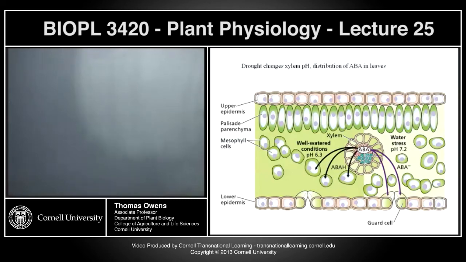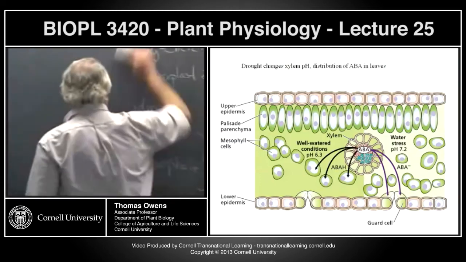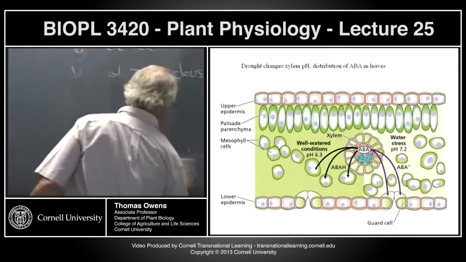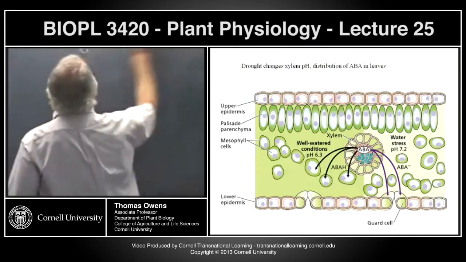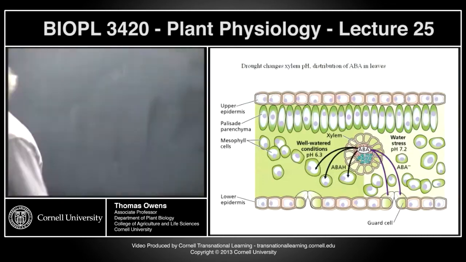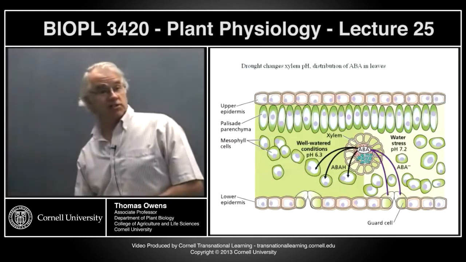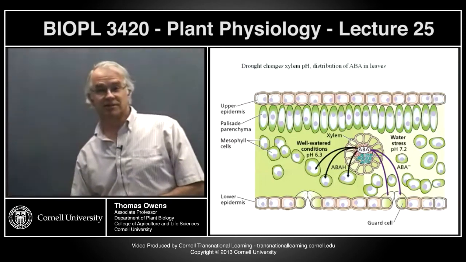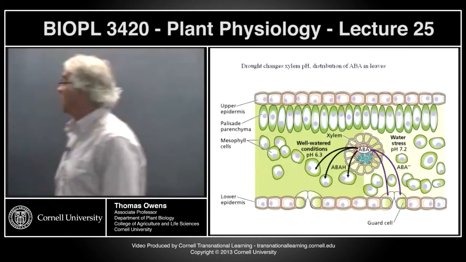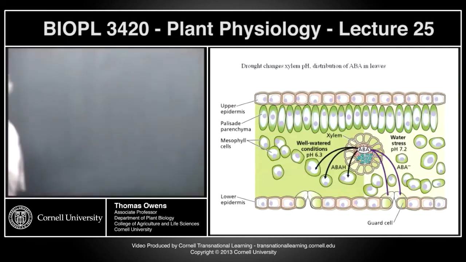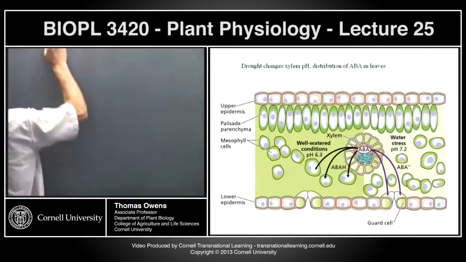Okay, let's talk about ABA in seed development, and that may be the last thing that we get to today. So any of you taken any seed physiology classes? Nope, okay. So when we think about what happens in a seed, we've talked about the first aspect of seed development.